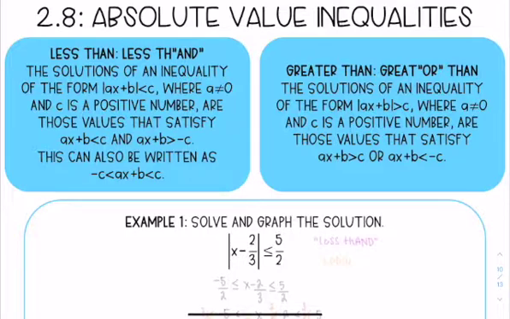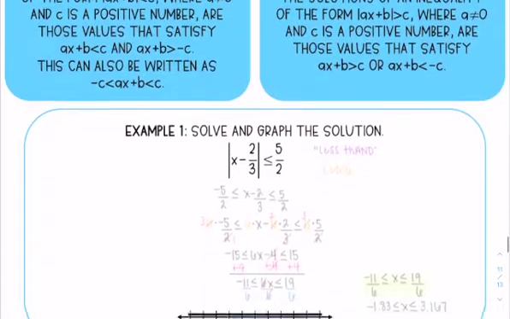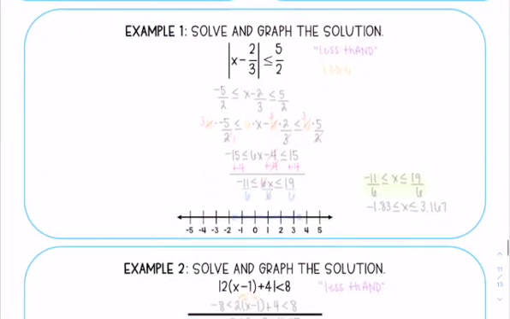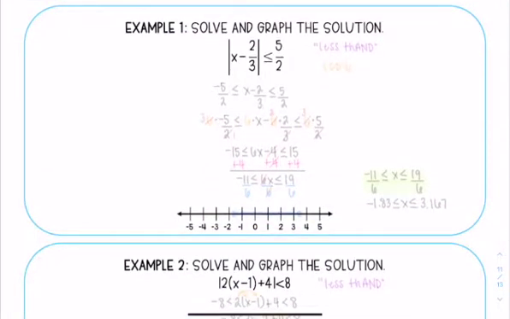And so we want to solve and graph the solution. We have the absolute value of x minus 2/3 is less than or equal to 5/2. This is going to be a less than problem because we have the absolute value by itself on the left-hand side, and we have a less than symbol.